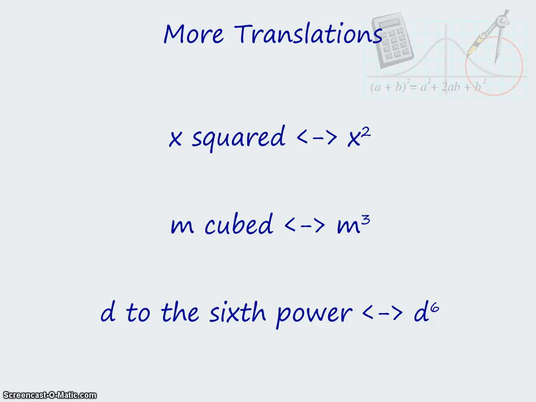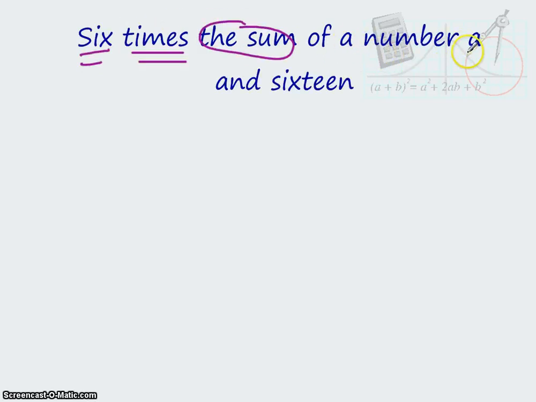Okay, this is our last one that I'm going to go through with you. You've got 6 times the sum of a number a and 16. So this times the sum is your parentheses trigger phrase. So 6 times the sum.